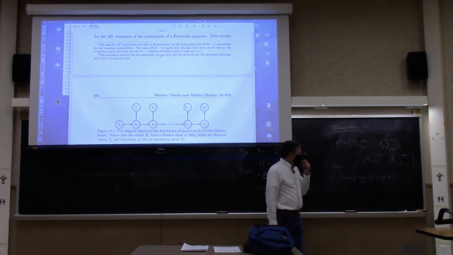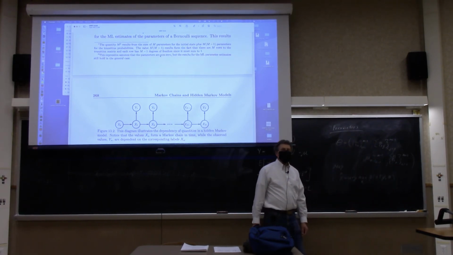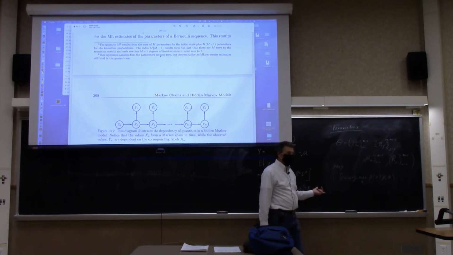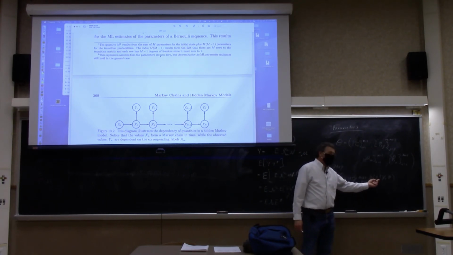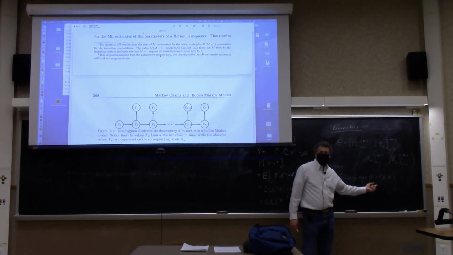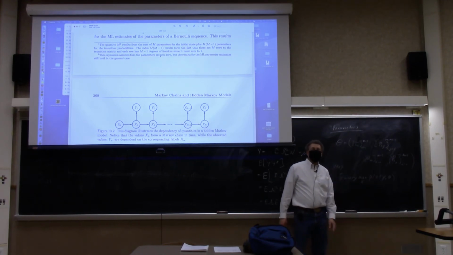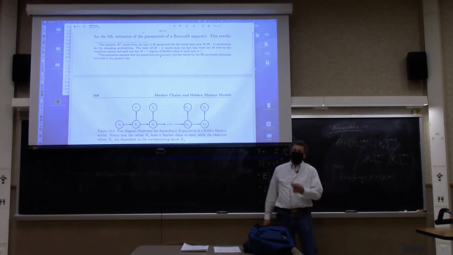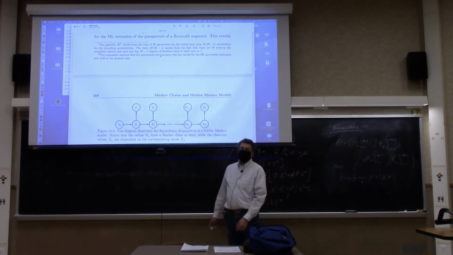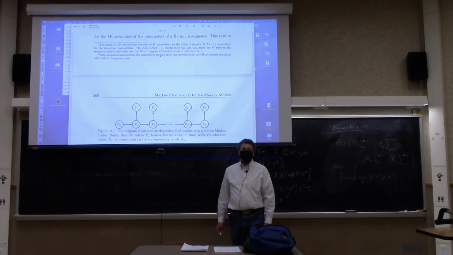That's the MAP sequence estimation. Your x here is the full set of x's at all times. So you're jointly finding the set of x states that maximizes the posterior probability of the x's given the y's.